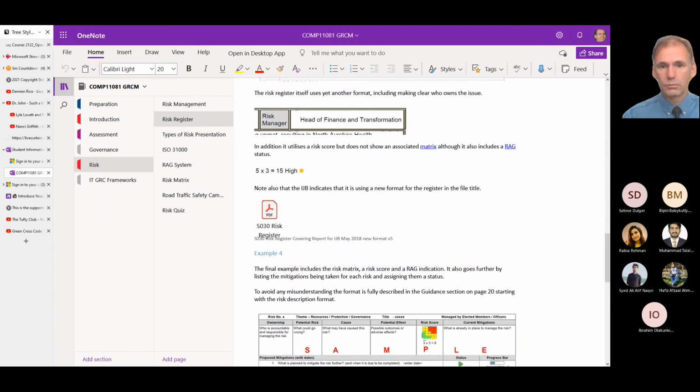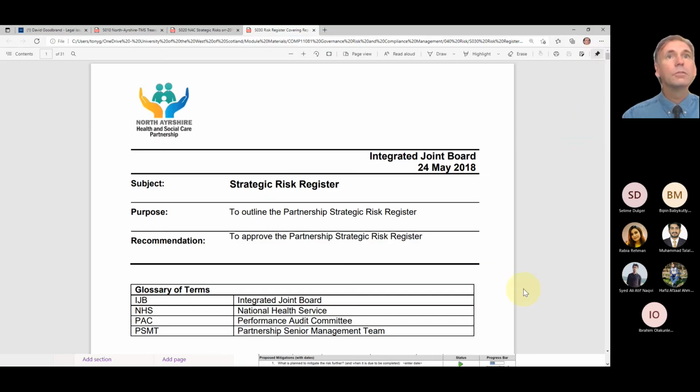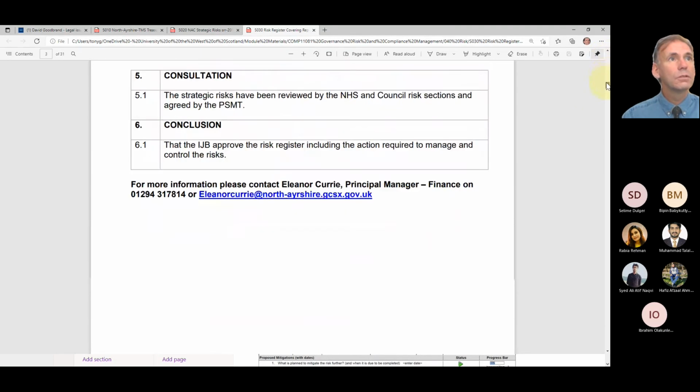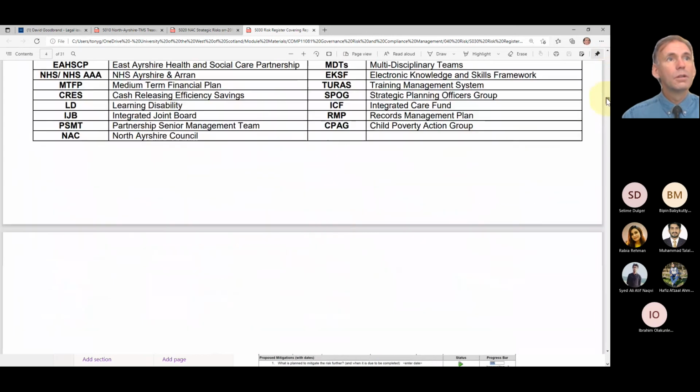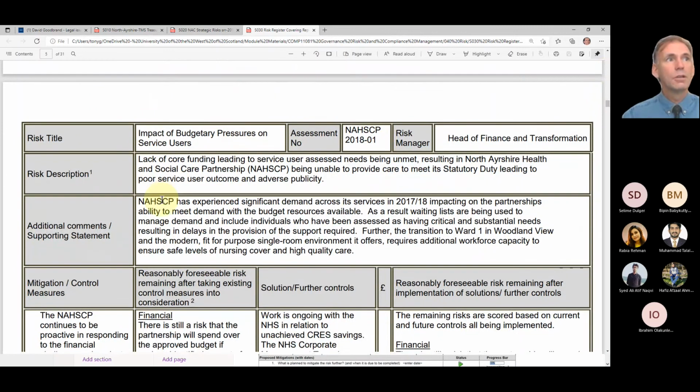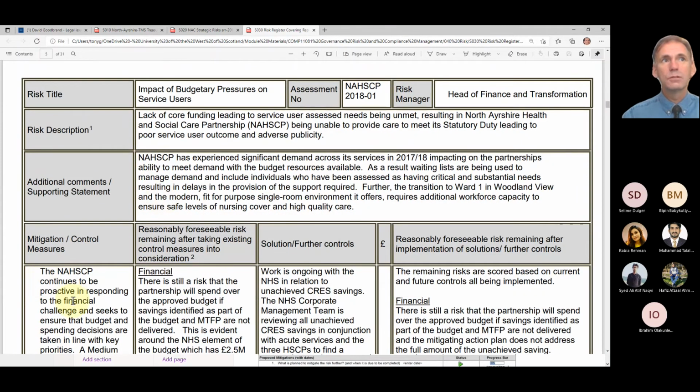Sorry, I thought I'd taken a note of where that started, but I haven't, so just give me a second to find it in the document. Okay, so they've used a slightly different format. Same idea: the title, description, what could happen, what you're doing to stop it happening. But it also gives a manager. It says, this person here is responsible for managing this risk. Any questions? Ask them.